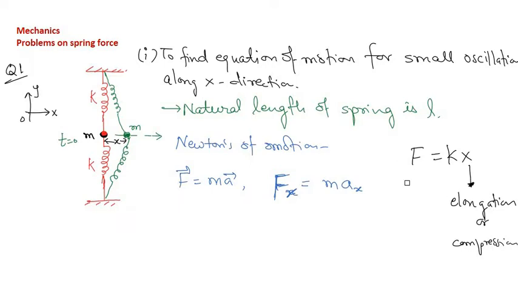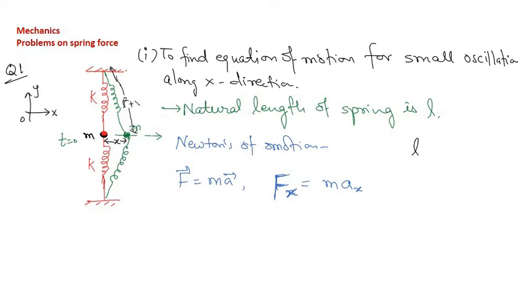So what will that x be here? We will see. The natural length was L, and when it was in motion, the displacement along the x-axis was, say, x. So what is this distance? According to Pythagoras theorem, it will be (L square plus x square) to the power half.